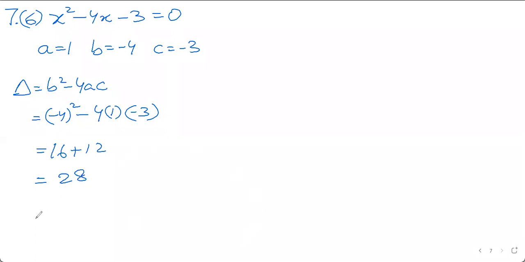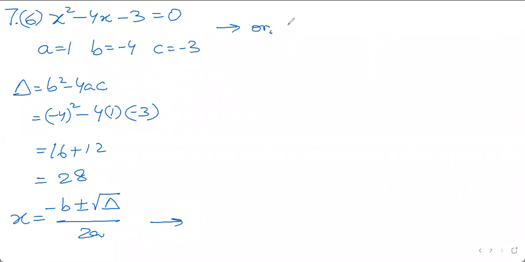Then if this is our discriminant, our value for x will be equal to minus b plus or minus square root of delta by 2a. So our x will be, b is minus 4, so minus of minus 4 plus or minus square root of 28 by 2 into a is 1.